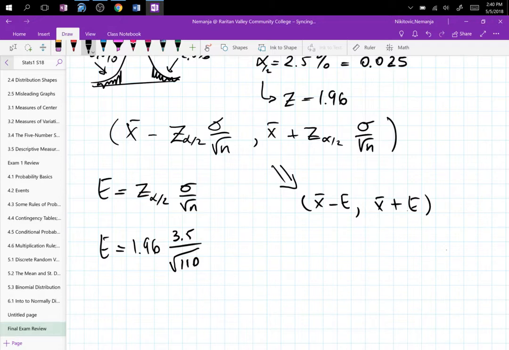Come on, there we go. 1.96 times 3.5 divided by the square root of 110. Should be 0.64. Oh, 0.65. 0.65. Right.